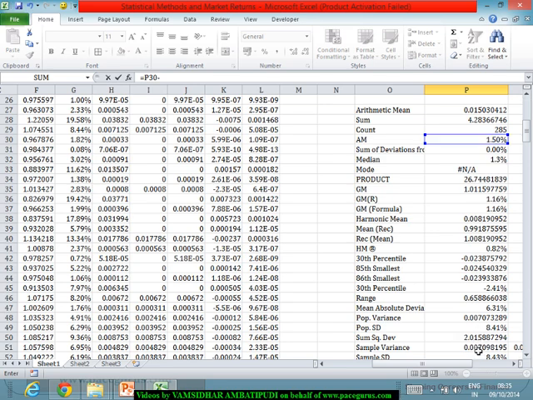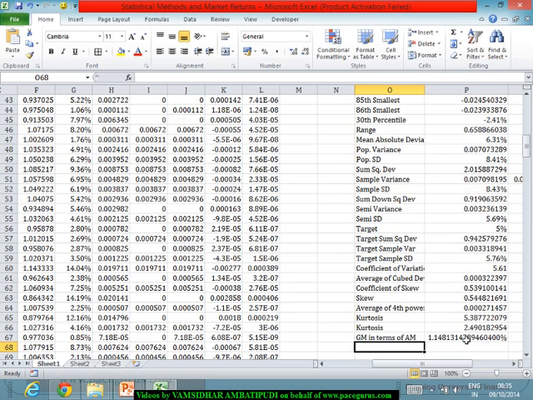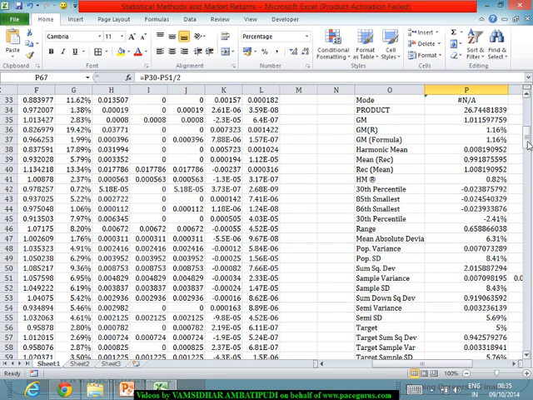So if I am looking at the geometric mean, I am looking at the variance by 2. My geometric mean should come out as 1.15%, which even using the formulas, we got somewhere around 1.16%.